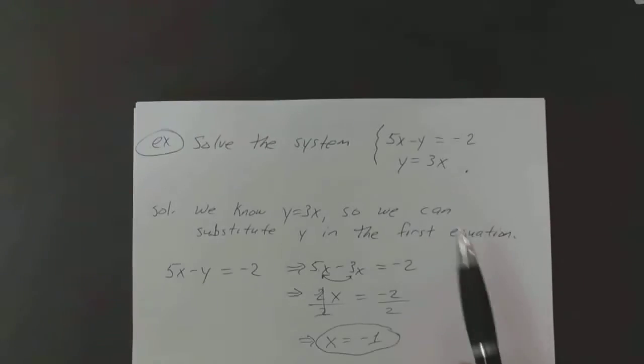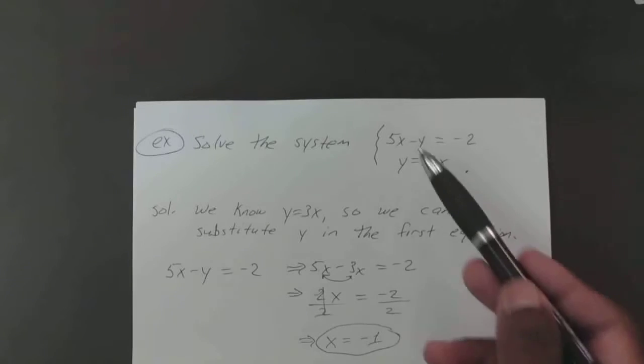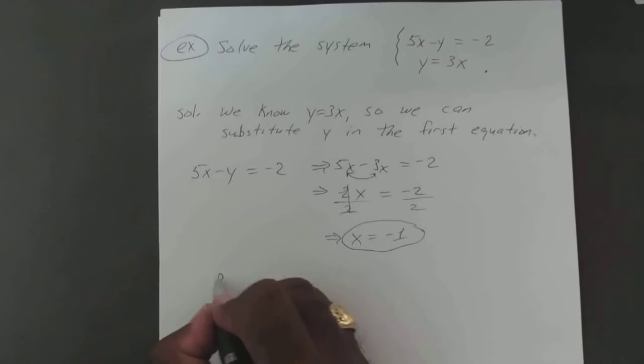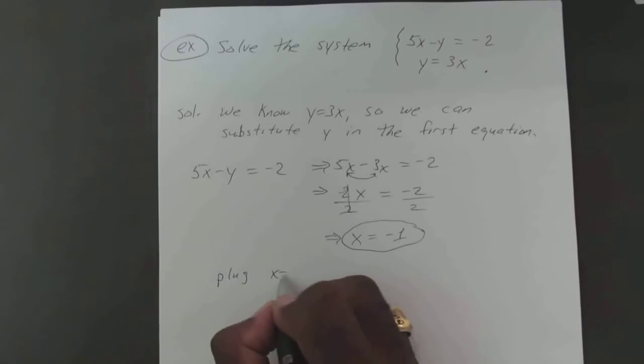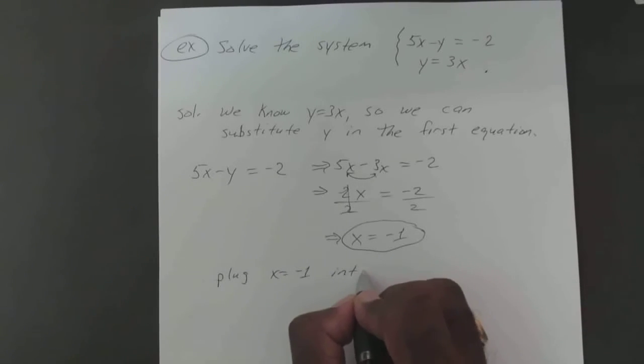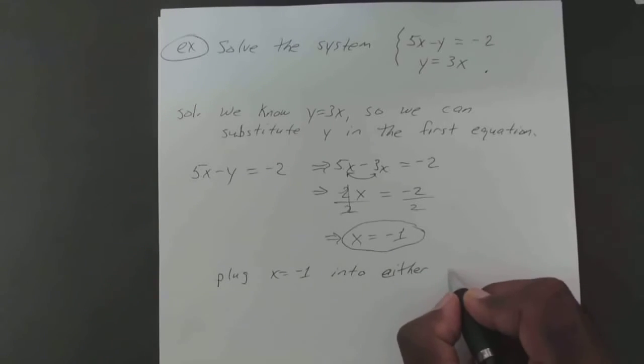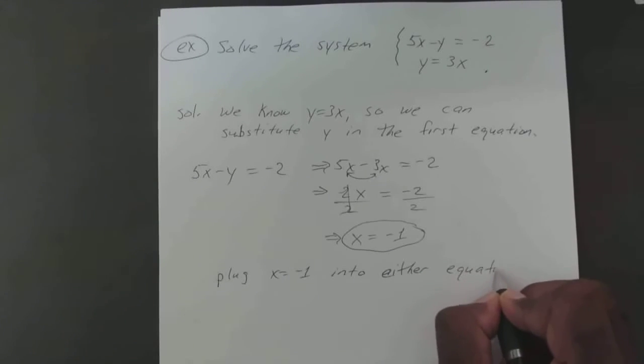Yep, just plug it into either one of them. Me personally, I'll pick this one because it's easier, but if you plug it into that one, it'll work too. Into either equation.